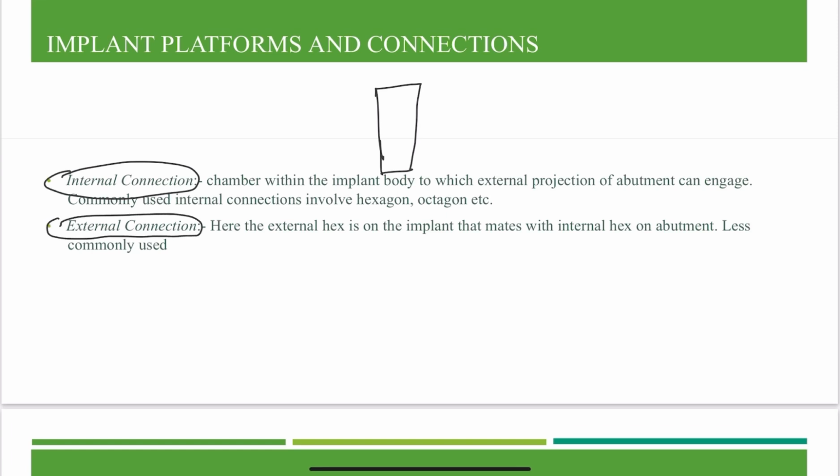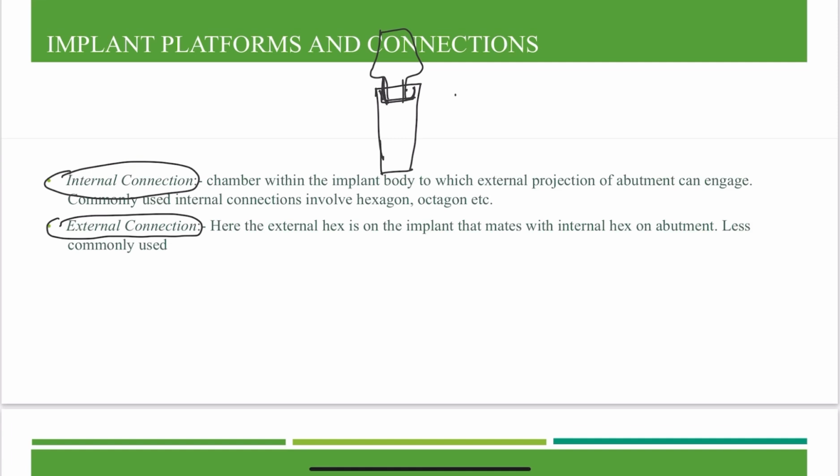Connection means the type of connection that would allow the superstructure, it could be an abutment or anything, to attach to the implant. In internal connection, the hex part would be inside the body of the implant, so that the superstructure can come and sit over it. So this is internal connection.